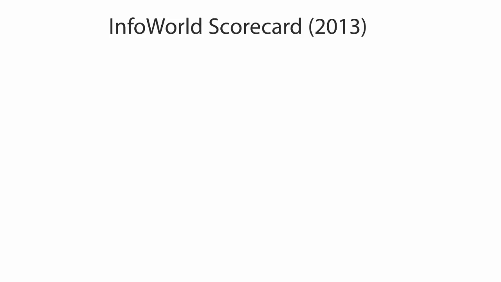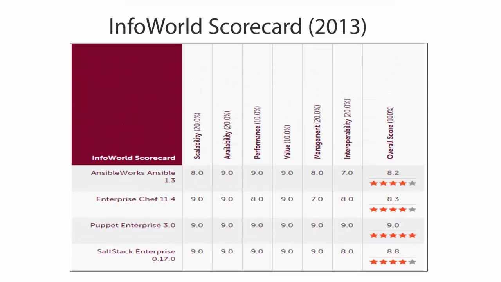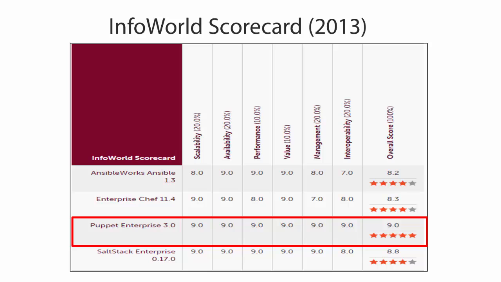According to data from InfoWorld in 2013 about configuration management programs, we can know the exact market distribution and preference from customers in the marketplace. As you see, Puppet got the highest score from customers at the time.